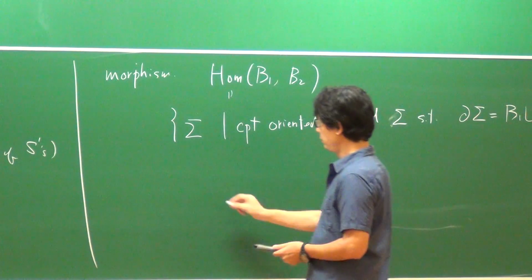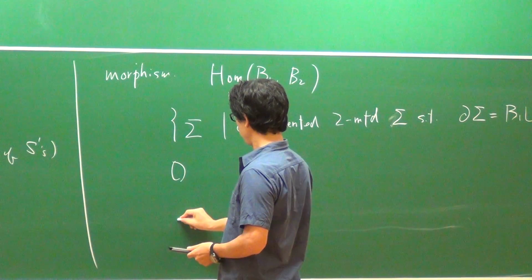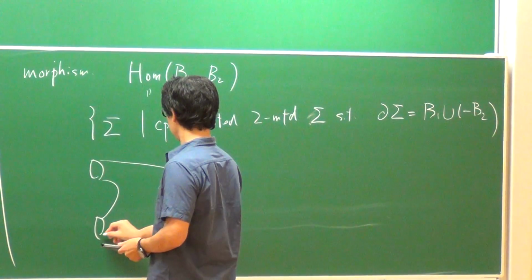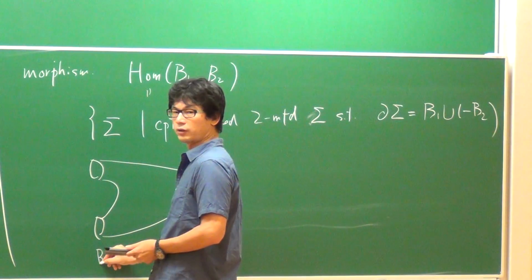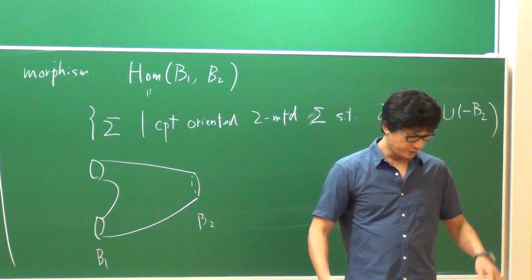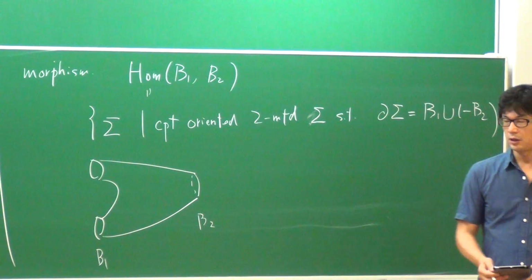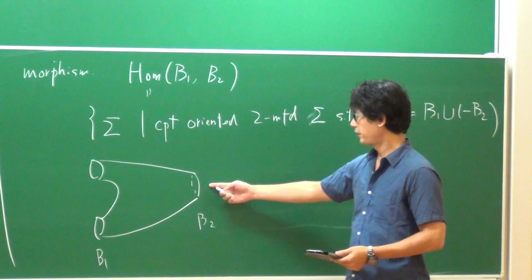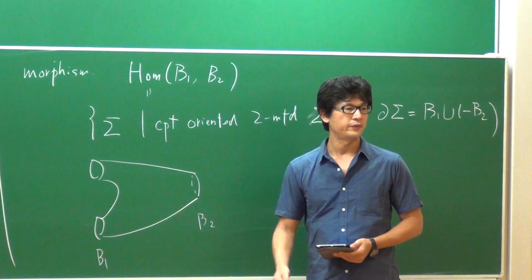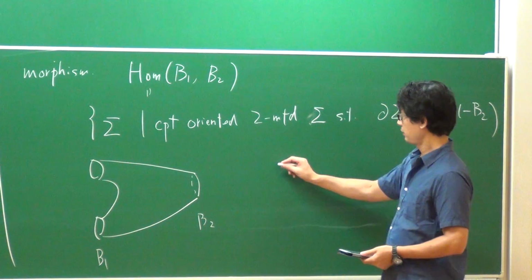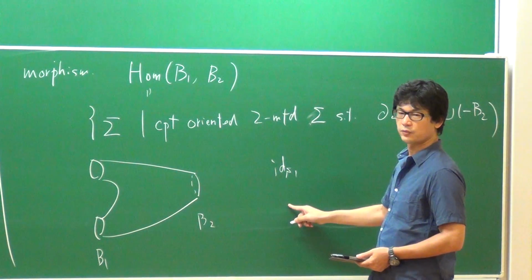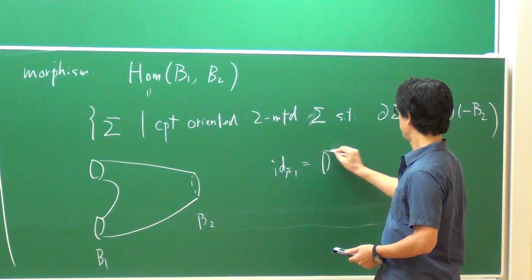So the morphism looks like this. By joining the boundaries, there's an obvious composition of morphisms. And in particular, the identity morphism is just a cylinder.